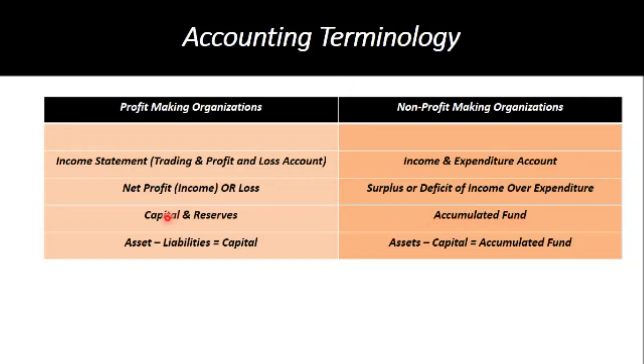Okay, the accounting equation for the profit making organization is assets minus liabilities equal capital. For the non-profit making organization, assets minus, this should be liabilities here, that's a typo error, I will correct it. So assets minus liabilities would be equal to not capital but accumulated fund.